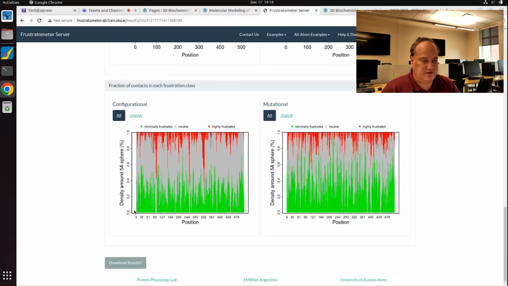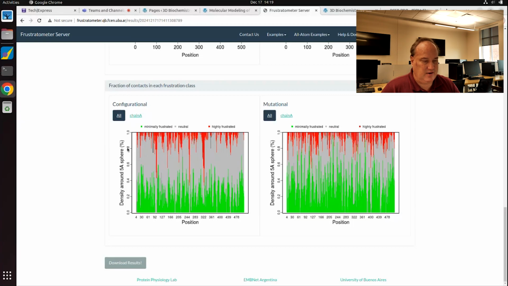And this is essentially a frustration density percentage that is 0 to 1. If you multiply by 100, that's 100%. The minimally frustrated residues are the green at the bottom. At the top are the ones we're interested in, because these are highly frustrated. These are likely the binding sites we're interested in.